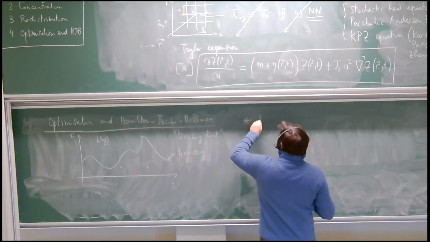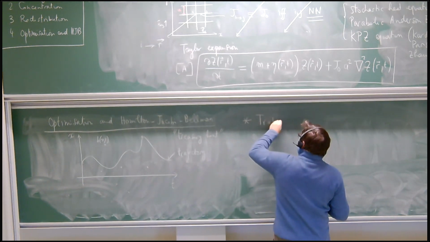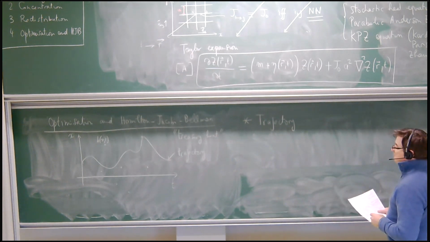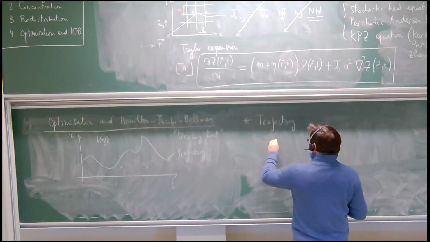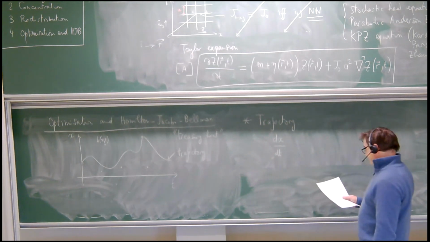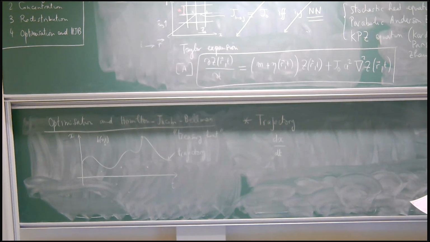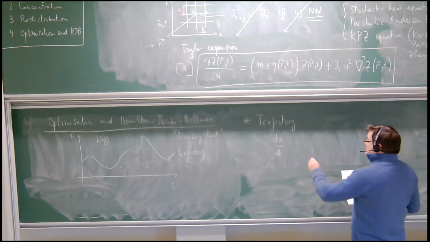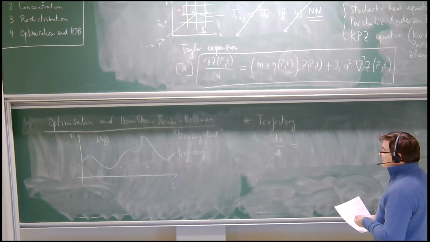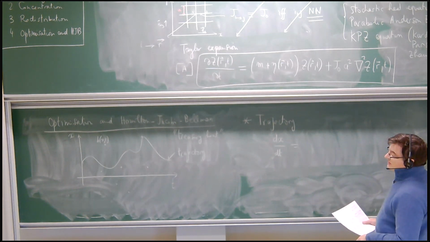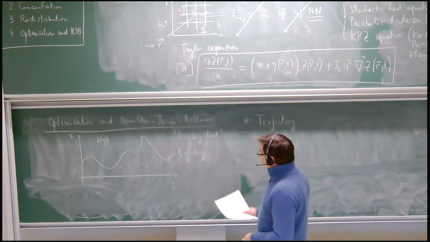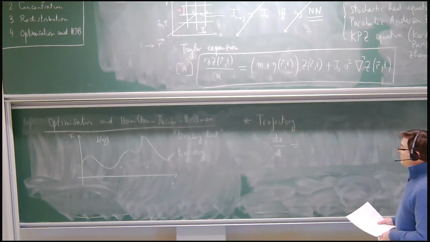First, let me describe the trajectory. The trajectory is given by your speed, dx/dt. And this dx/dt is going to be given by the sum of two terms, one that you control and the other one that unfortunately nature, or the person who has invented that game, imposes on you.